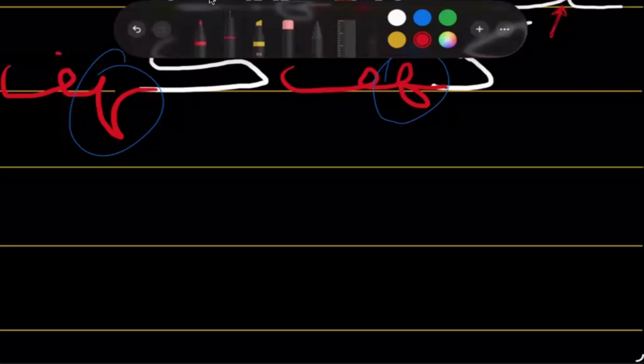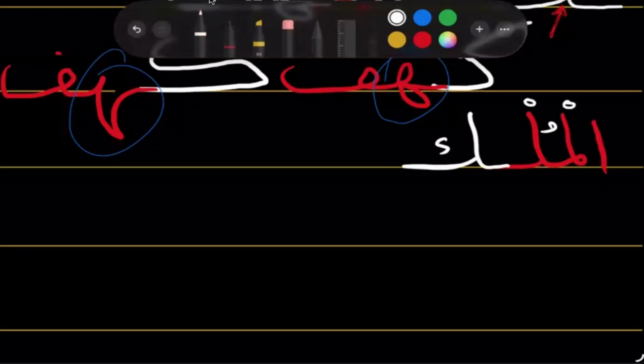So, for example, Surat Al Mulk. There's calf. Al Mulk. Dominion. Or you can change the harakat here.